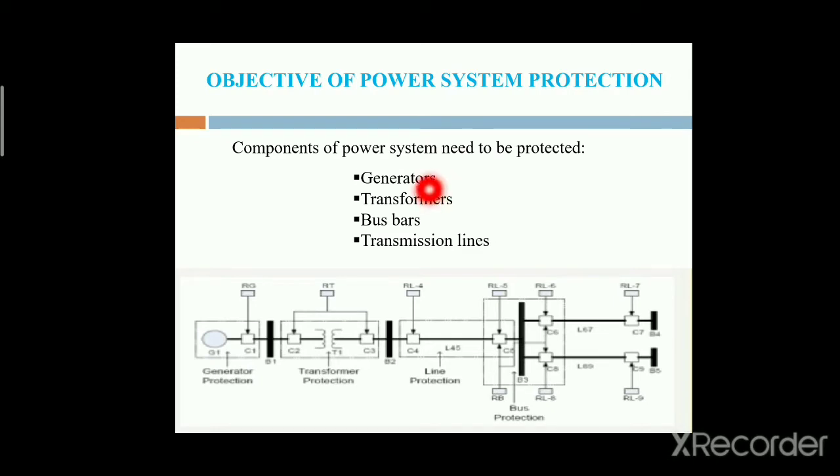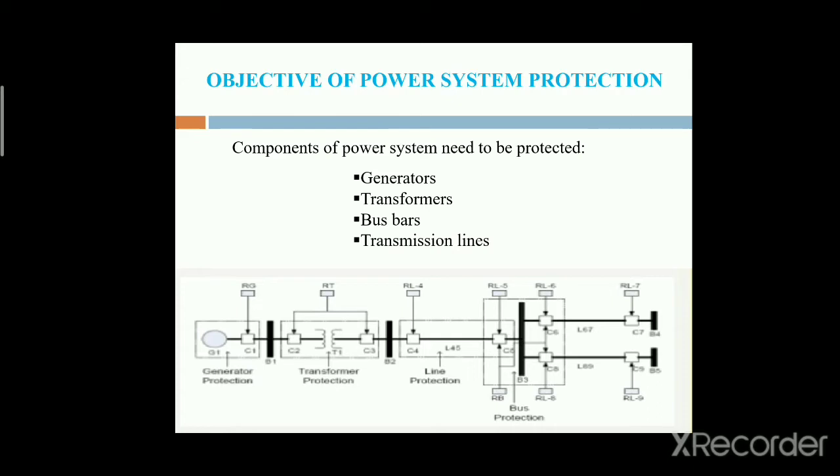The various costly components in a power system are the generators, transformers, bus bars and transmission lines. These are the costly equipments in power systems.